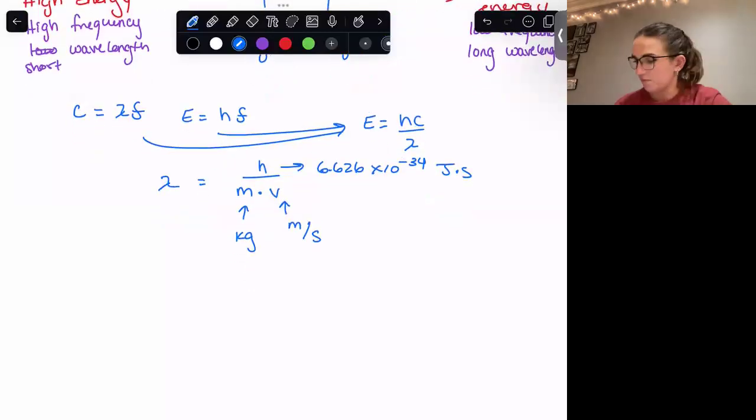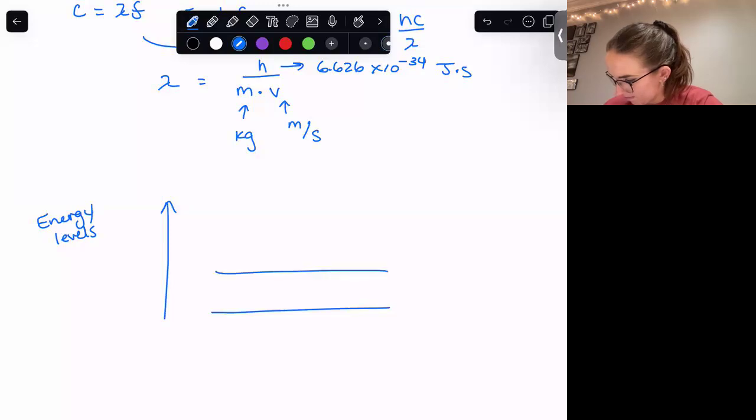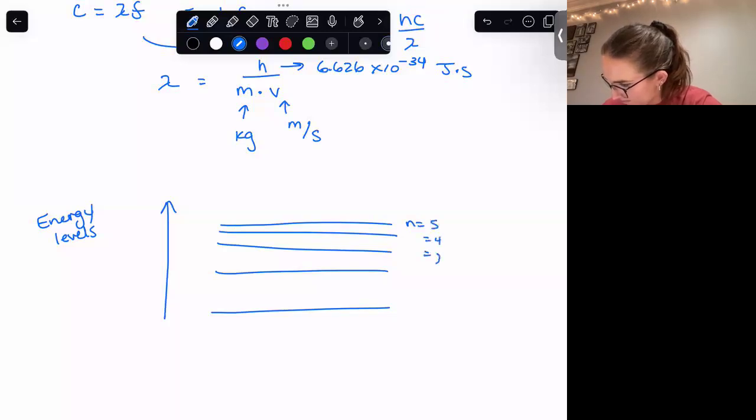What else we talked about in chapter 6 were energy levels. If we're starting at n equals 1, what do we call that lowest energy level?